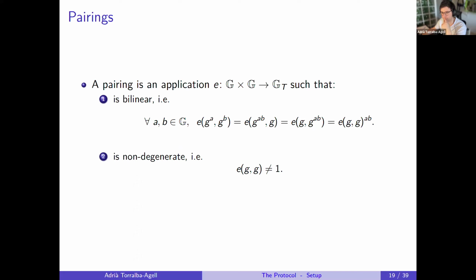But in your example, AG, BG is ABG. Yeah, it also holds. But in your comment, you should be saying that it also holds for the sum, because if you put AG, this is G summed A times.